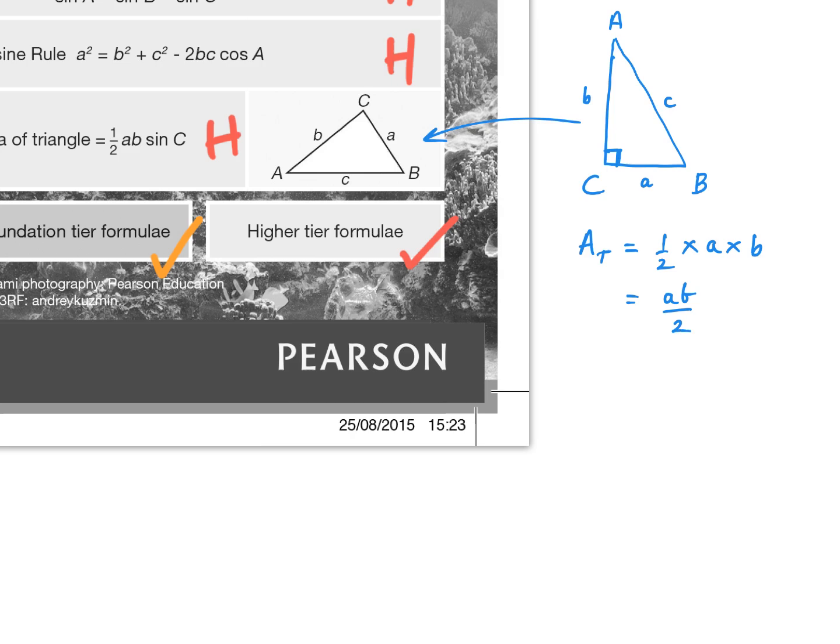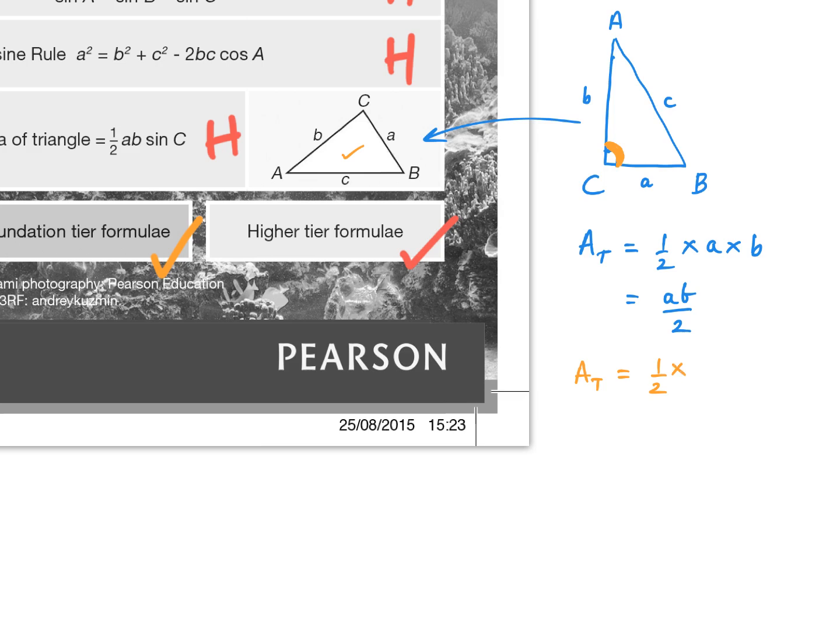But in this diagram here for the higher paper, what we've got to think about is that this angle may not necessarily be a right angle, okay? So if this wasn't a right angle, then the area of the triangle would be really similar to what we had if it was a right angle.